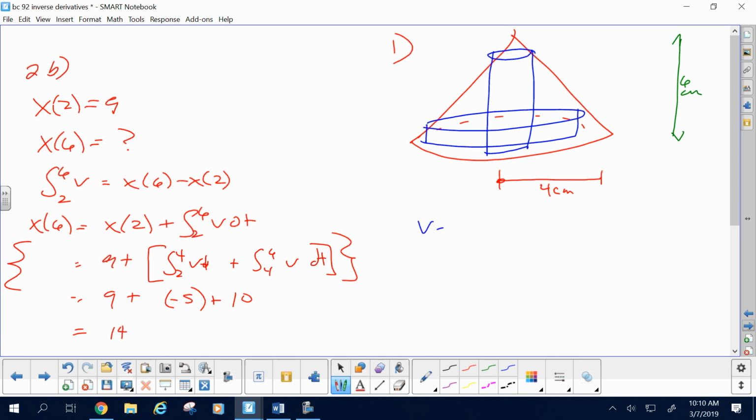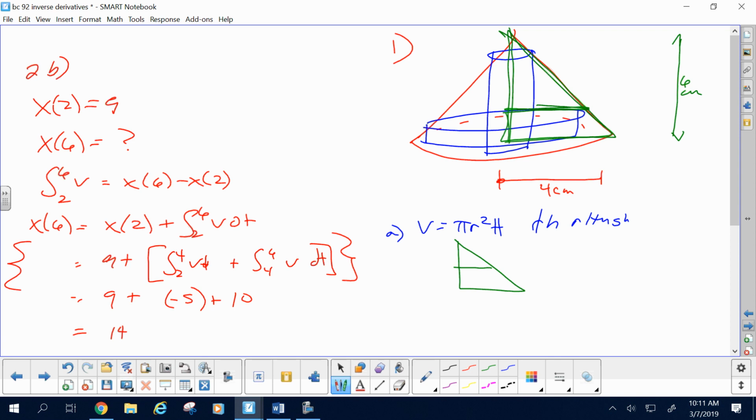Now, if the volume of a cylinder is pi r squared h, and you're going to do this in terms of R, then you need some kind of other R-H relationship. That's where they are giving you this cross section. If you were to cross section and slice it like this, then you would get this kind of green similar triangle thing, right?